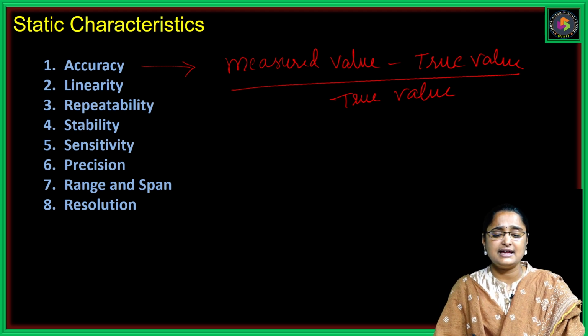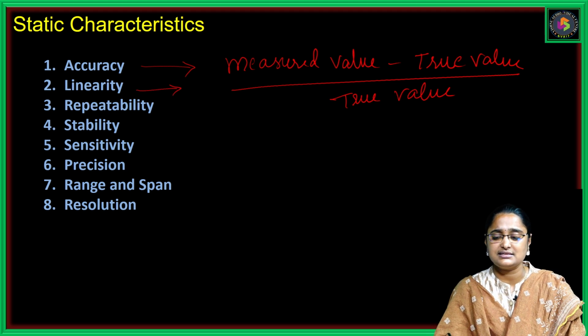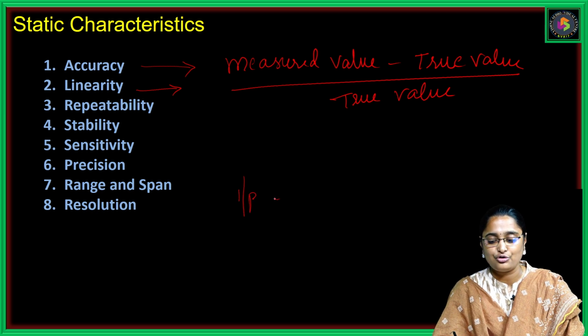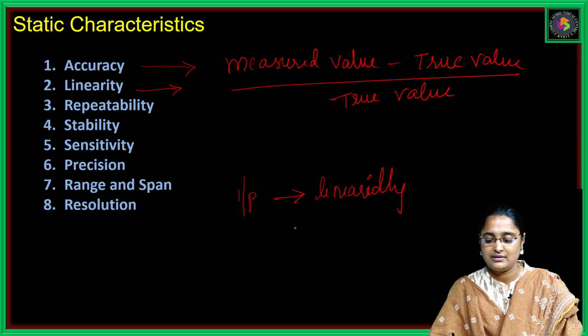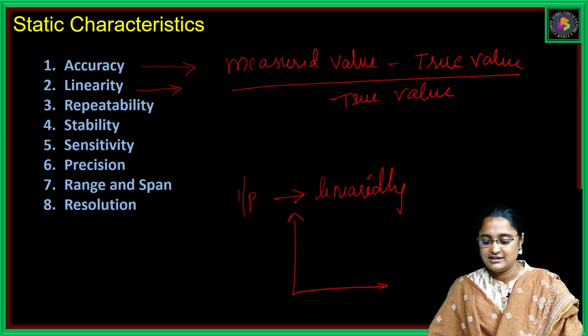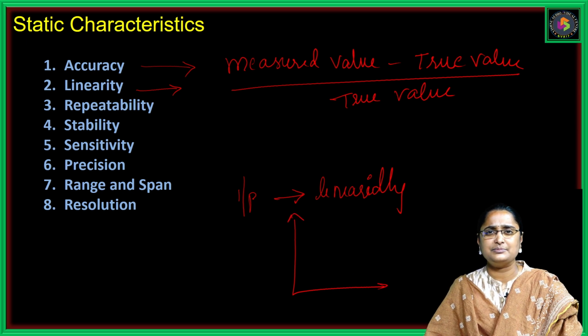Linearity is that characteristic where, for the input that you are giving, the output should change linearly. For example, let me take RTD, the resistance temperature detector.